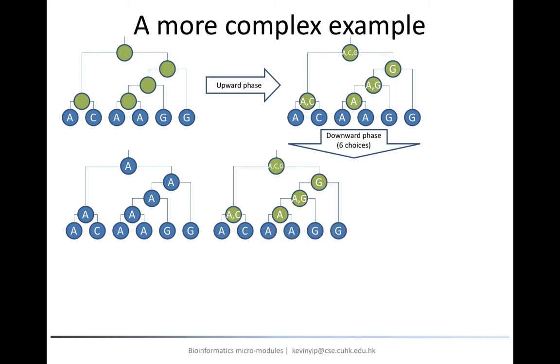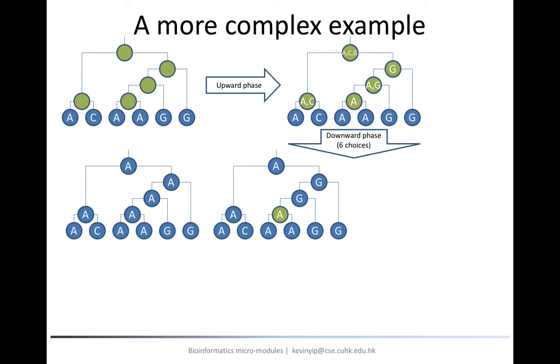To find out other optimal solutions, we trace back our decisions. Suppose again that the root chooses A. The left child still has to choose A. This time for the right child, let's choose G instead. The child of it has now 1 vote for A and 2 votes for G, and has to choose G instead.